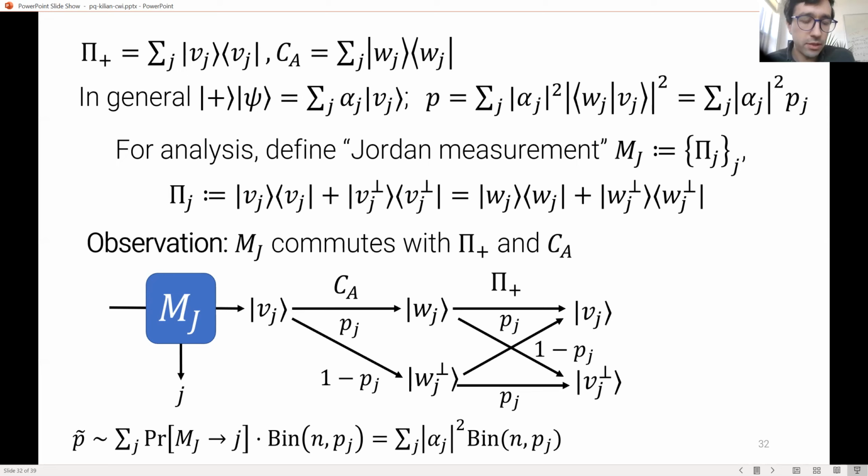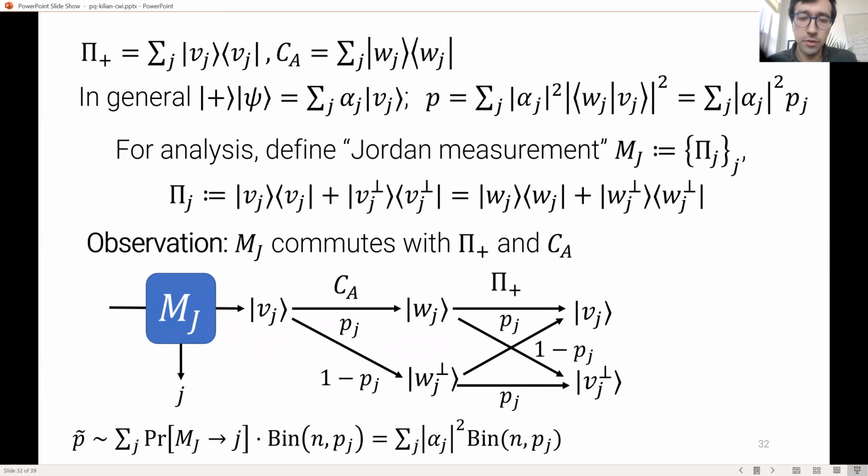So what this means is that this P tilde is a weighted sum of these binomials, right? So if I get the outcome J from Mj, then I'm in this Vj case, and the probability that I get the outcome J from Mj is alpha J squared.